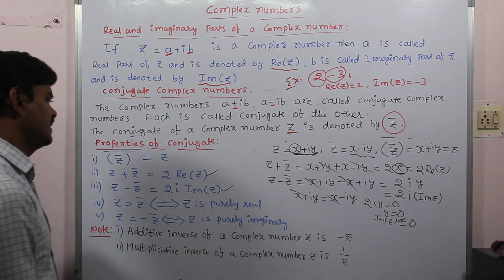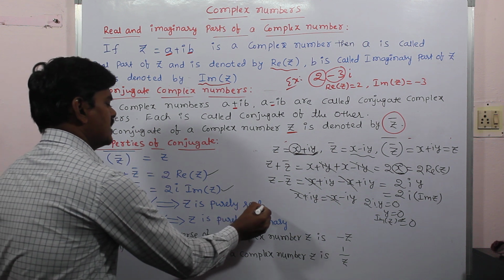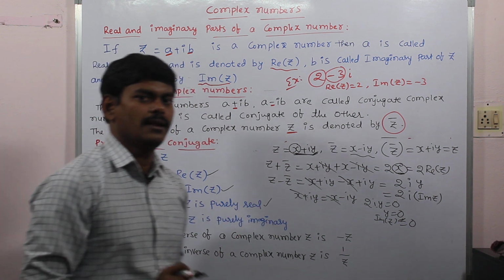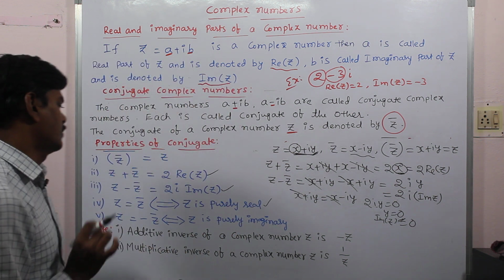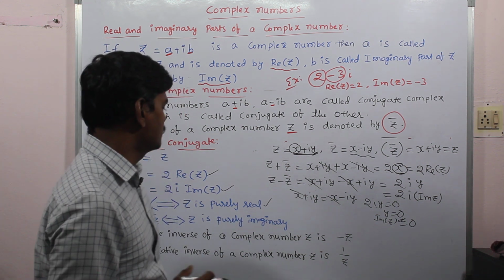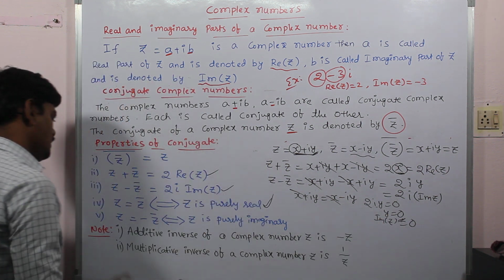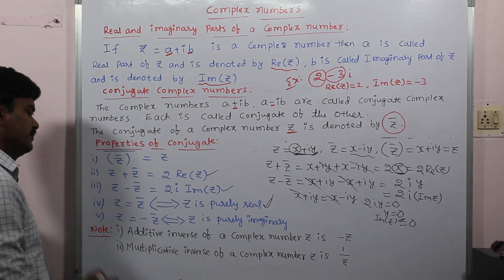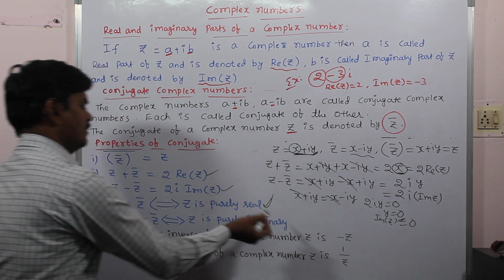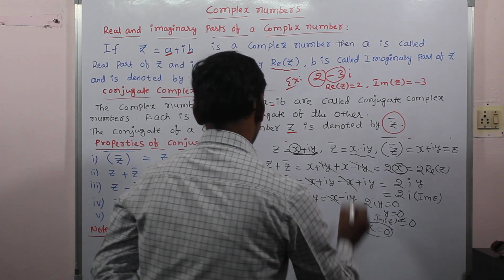A complex number is said to be purely real if its imaginary part is 0. A complex number is said to be purely imaginary if its real part is 0. So here the imaginary part is 0, that's why z is purely real when z = z bar. In the same way, we can prove that if z = -z bar, then z is purely imaginary, meaning its real part is 0.